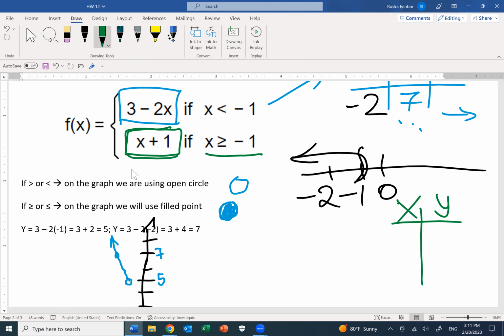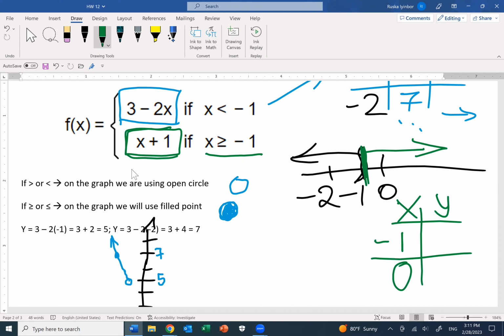The x's you're going to pick: you start with negative 1 because it's one of the points. Looking at my number line, negative 1 is here, but you're going greater or equal, so you start here and go to the right of negative 1. You can pick any number after that. I'm going to pick 0. You can pick 0, 1, 2, 3, it doesn't matter.